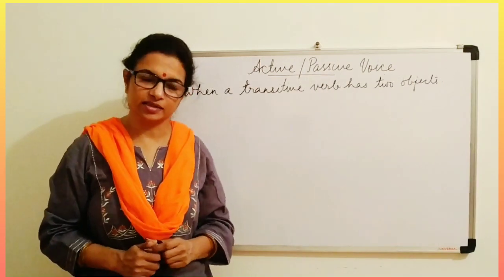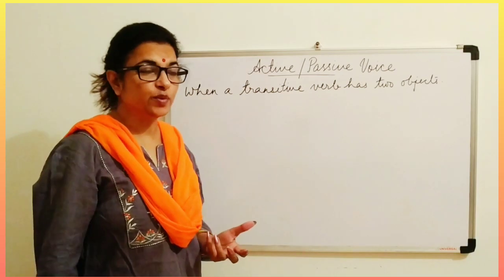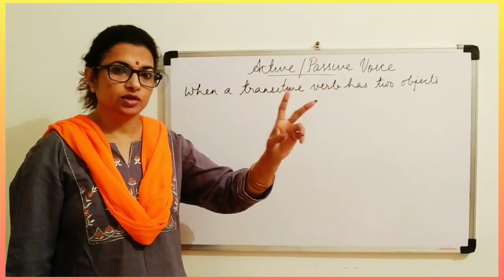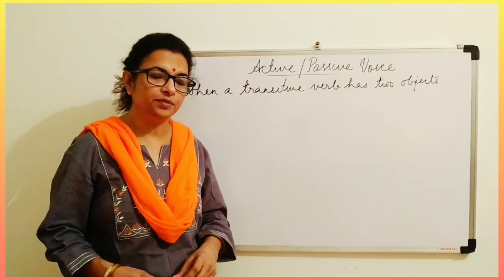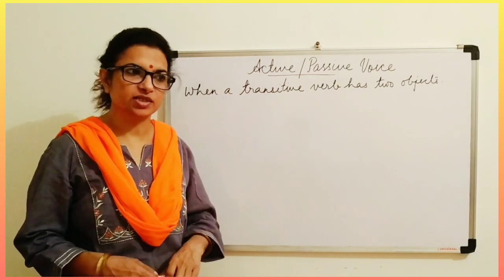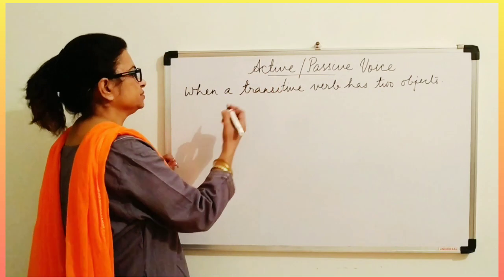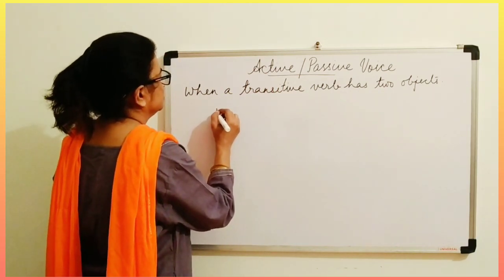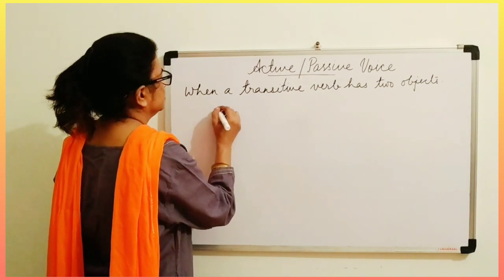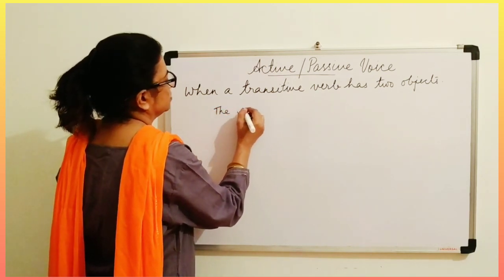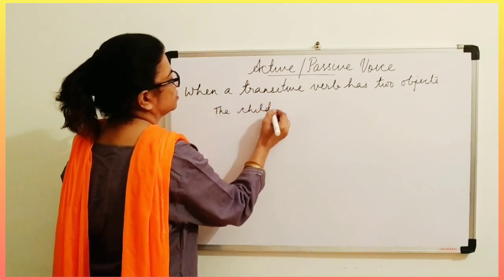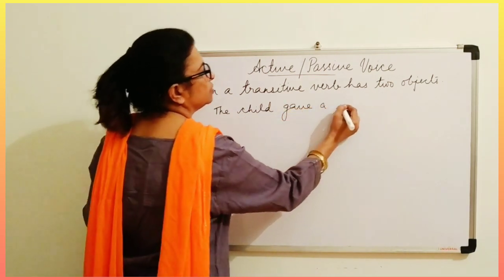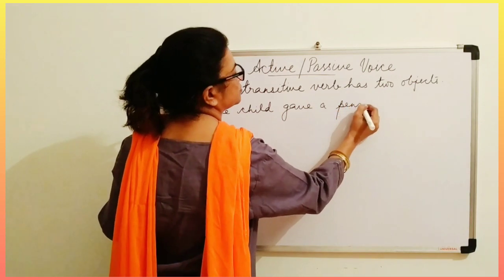Now let us try and understand what happens when a transitive verb has two objects. You know that a transitive verb must have an object. Suppose, the child gave a pencil.